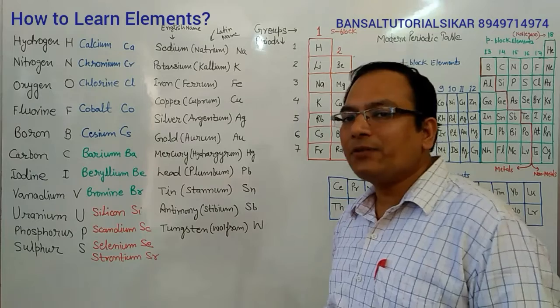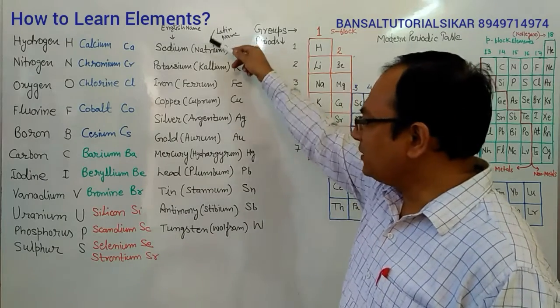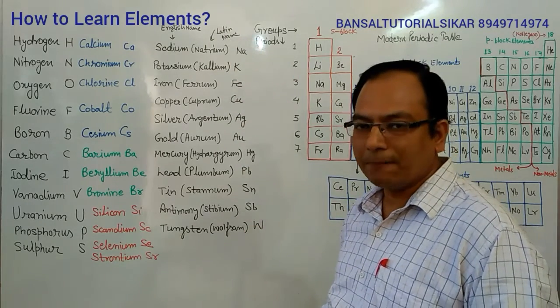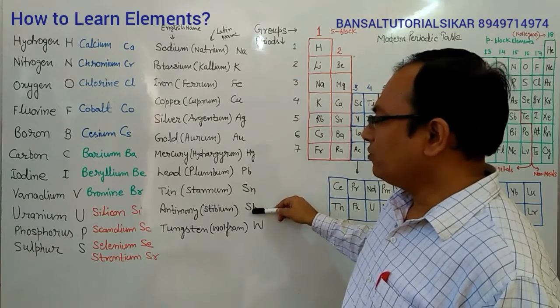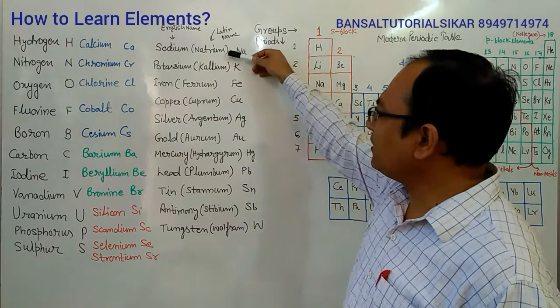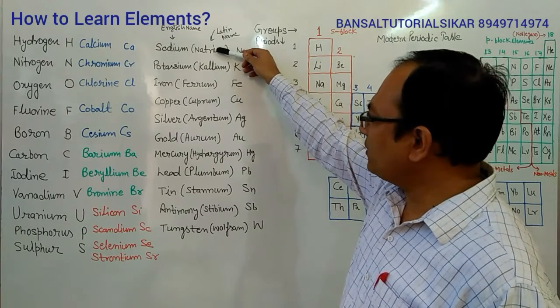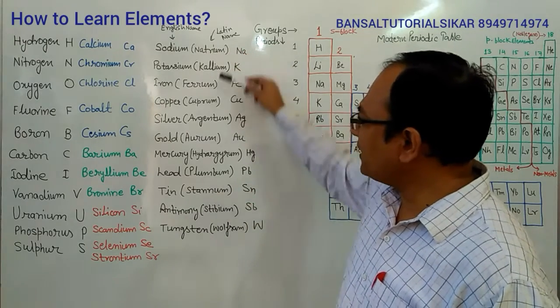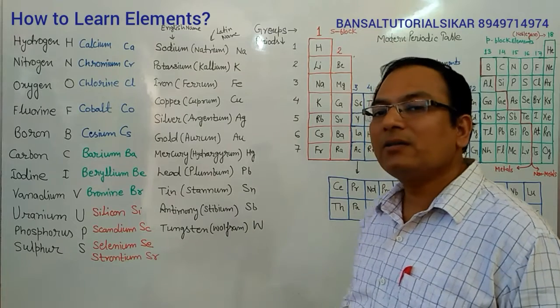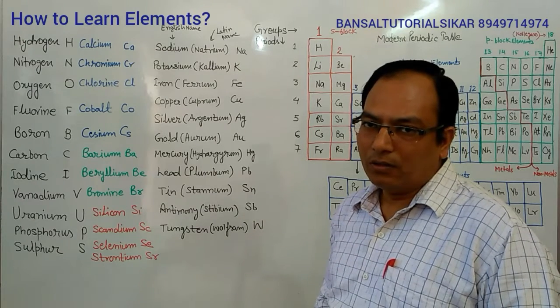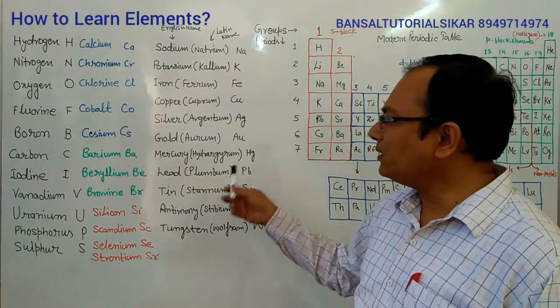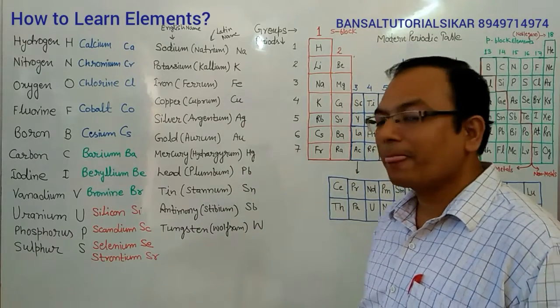So to avoid confusion, we should memorize these elements properly. Students, from sodium to antimony, these are Latin terms, and wolfram is the German term. So I think you have understood how these elements are symbolized.